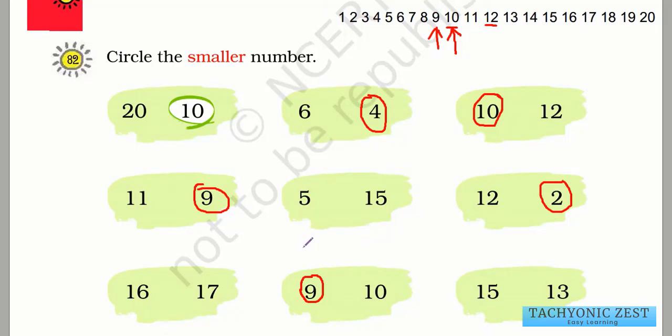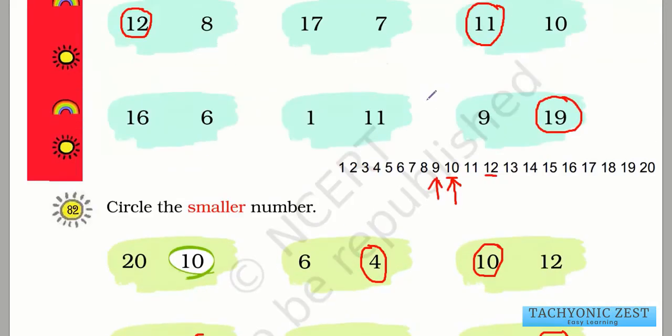The number which comes before the other number, that is the smaller number. The number which comes after the other number is the bigger number. The number which comes first is the smaller number, and the number which comes at the last is the larger number, as we saw here.